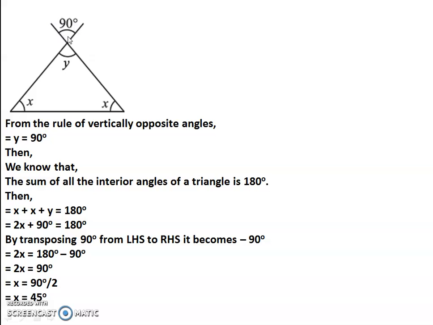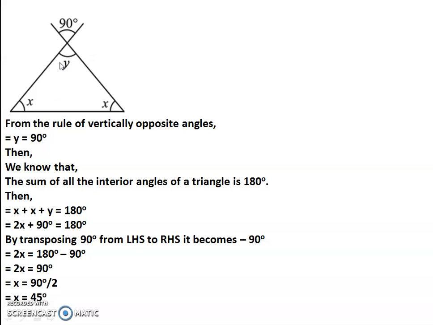No, it is not an exterior angle because it doesn't touch one of the sides of the triangle. Now, here we use the rule of vertically opposite angles. What is that rule? Vertically opposite angles are always equal. So, y equal to 90 degree.